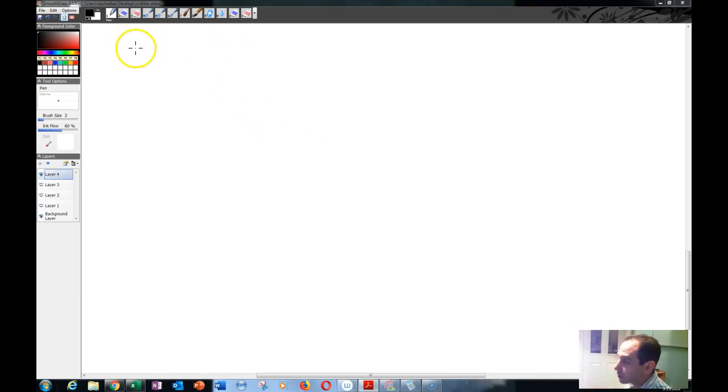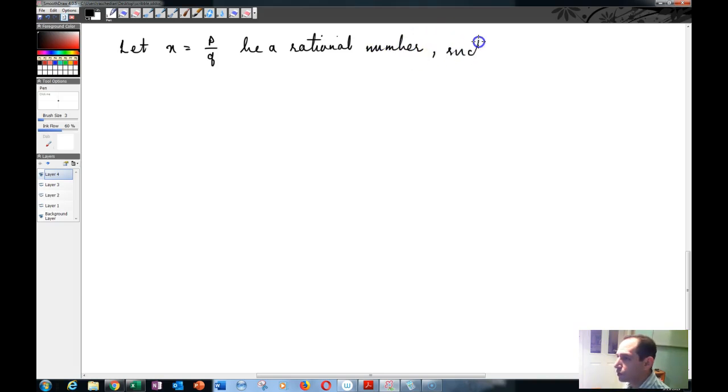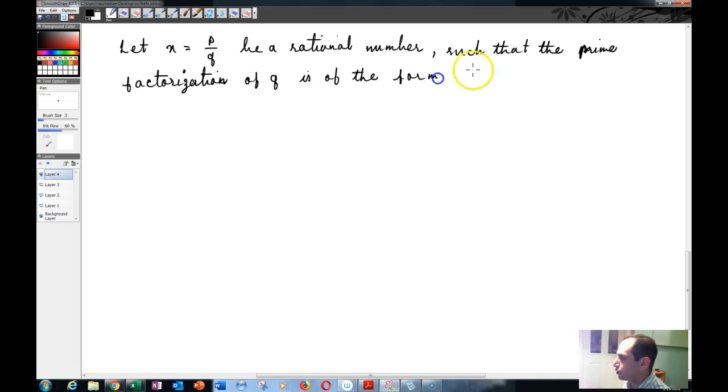Now the converse of that theorem, you could write that as, for example: let x be equal to p by q, a rational number, such that the prime factorization of q is of the form 2 raised to the power n times 5 raised to the power m, where n and m, we could say, are non-negative integers.